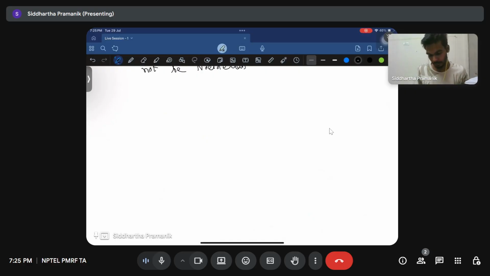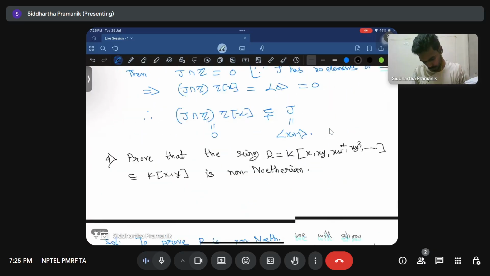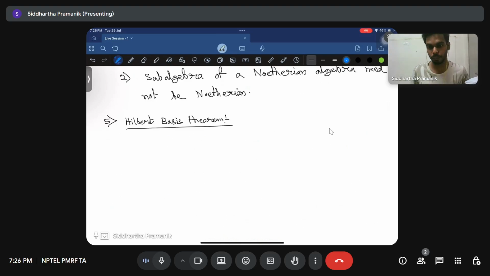Okay, so we have talked about the Hilbert basis theorem, right? I will write down the most general statement of the Hilbert basis theorem, because in the course it is just a particular version to do the computational aspects.